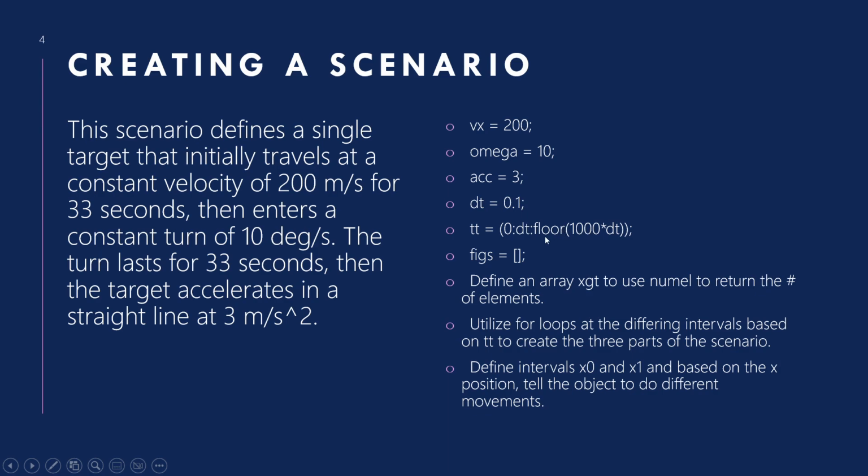TT is going to be used for creating an array to be able to store all these values in, and then figs is just the base for how we're going to make all of our figures.